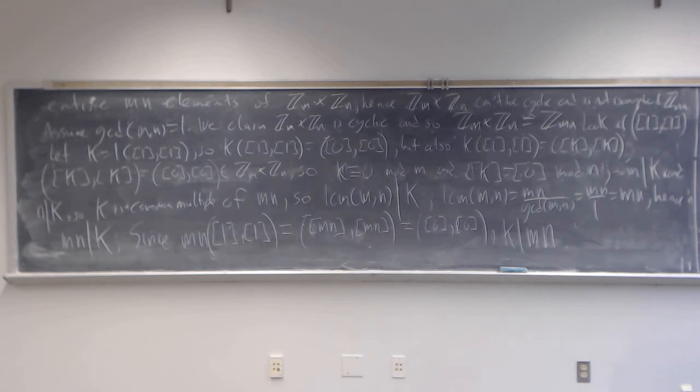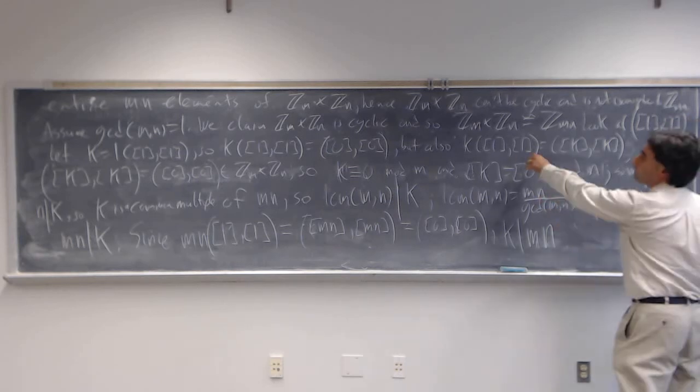Because remember, very important fact, if a group element repeatedly applied to itself a certain number of times gives the identity, the order of that group element has to divide the number of times you do that. And again, that's because k is the least power that's going to take (1, 1) equal to 0.